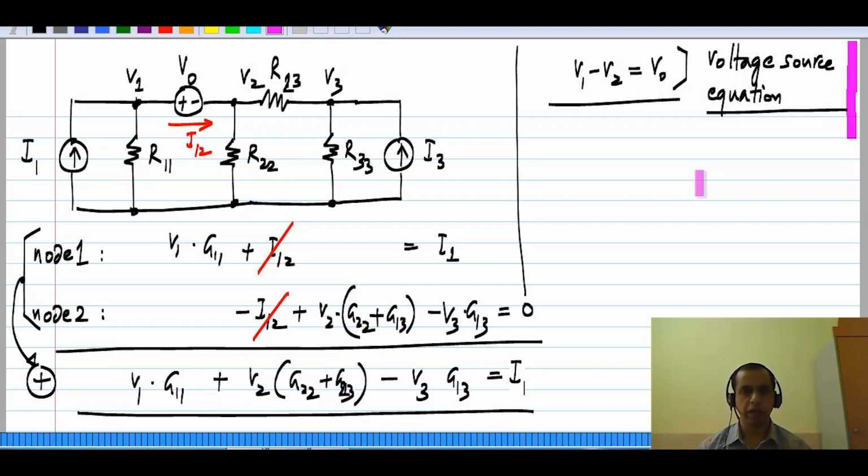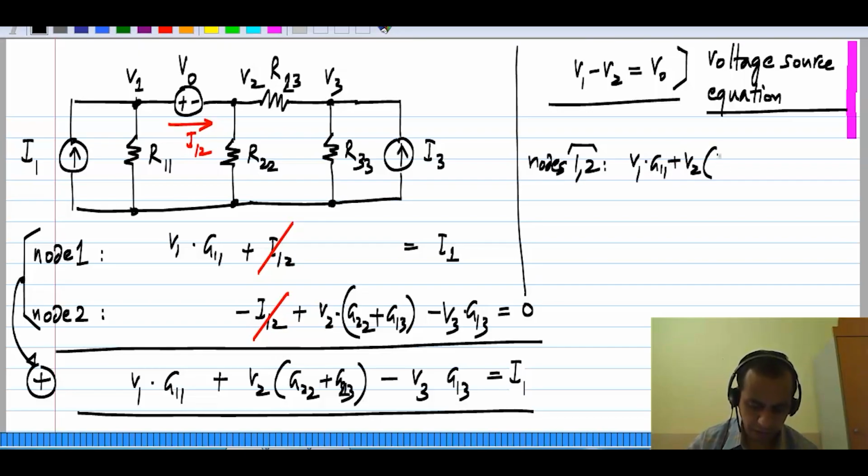Okay, so what are my three equations now? I have a combined equation for nodes 1 and 2. Which are those nodes? Those are the nodes between which the voltage source is connected. So I have V1 times G11 plus V2 times G22 plus G23 minus V3 times G13 equals I1. Okay.